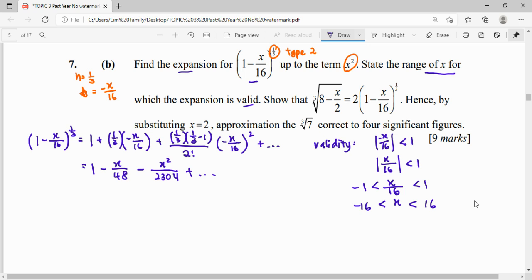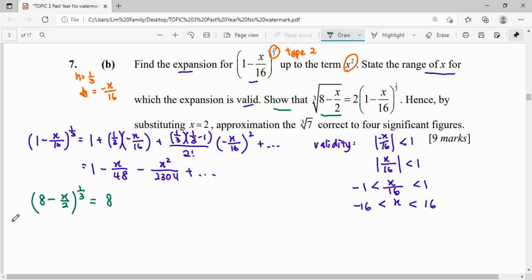Then we're going for our third task here. Our question asks us to show that this cube root of 8 minus x over 2 is equal to this form. When it's cube root, it means it is power of 1 over 3, and inside here is 8 minus x over 2. How are we going to simplify this into the form they want? First of all, we can see the part in front here is number 1. So how are we going to get number 1? We are going to factorize 8.